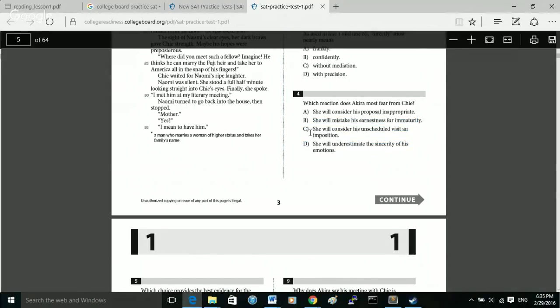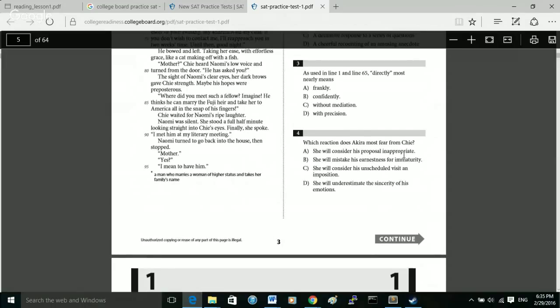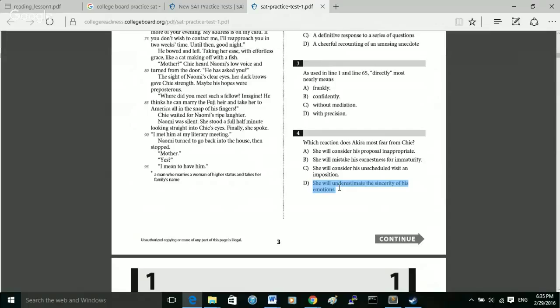No. Akira doesn't really express a fear of Chi mistaking his earnestness for immaturity. Is it answer choice C? She will consider his unscheduled visit an imposition. Perhaps. Answer choice D. She will underestimate the sincerity of his emotions.